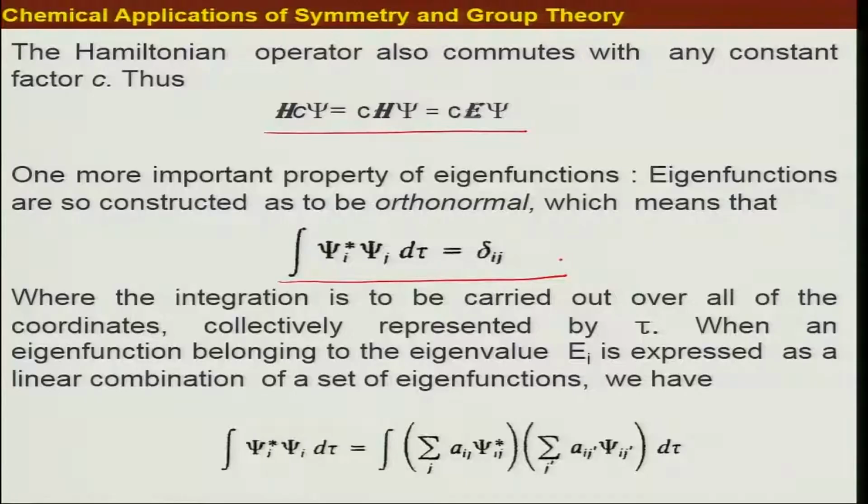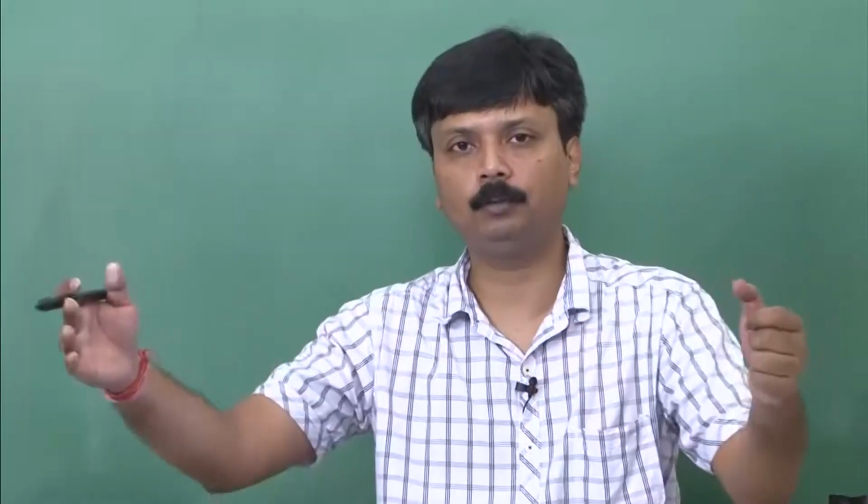So, that is shown here, and when an eigenfunction having a particular eigenvalue, say E i, okay, is expressed as a linear combination of a set of eigenfunctions, then we can write like this. Right. So what we mean here is that I can write the function as a linear combination of several eigenfunctions.